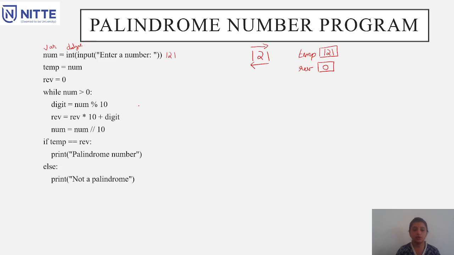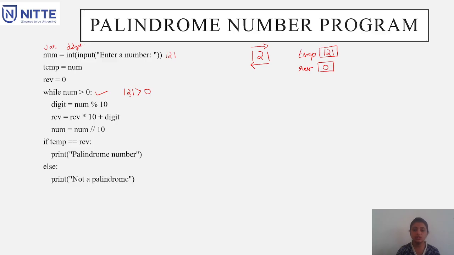Finally, we have to prove that whether you read it from right to left or left to right, it is the same number. So I will use a while loop in which the condition is that the number has to be greater than 0, which is true in our example because 121 is greater than 0.